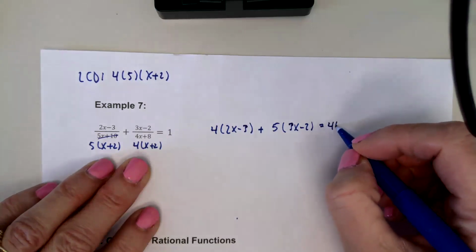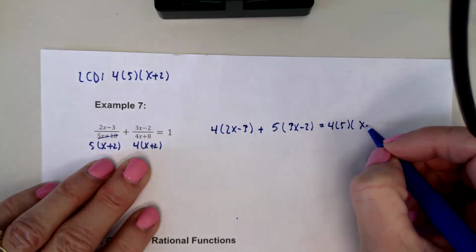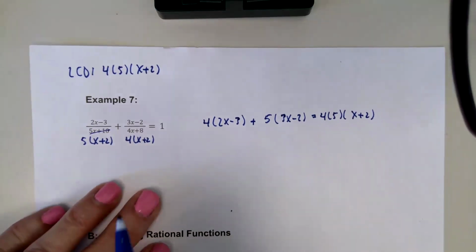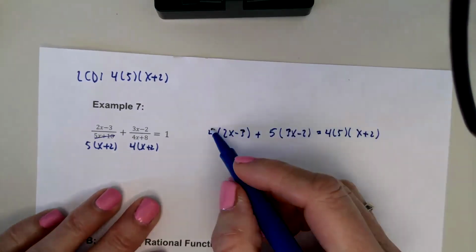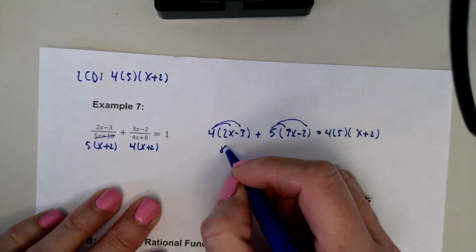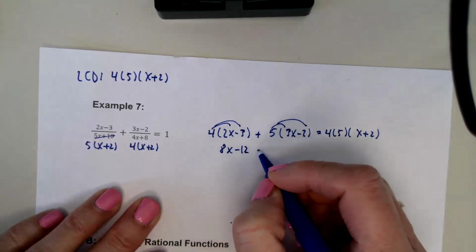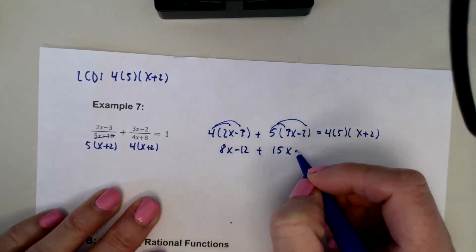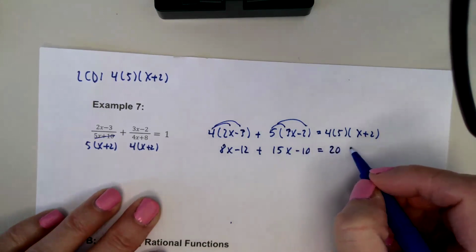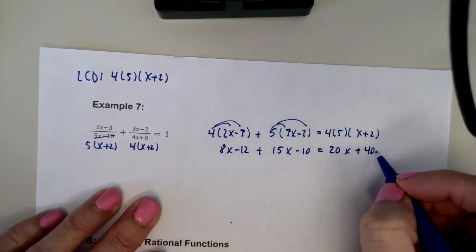So 4 times 5 times x plus 2. So let's simplify. We have to distribute a couple of things here. So 8x minus 12 plus 15x minus 10 equals 20x plus 40.